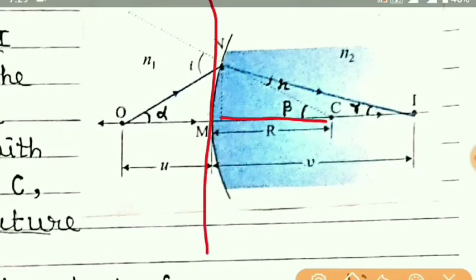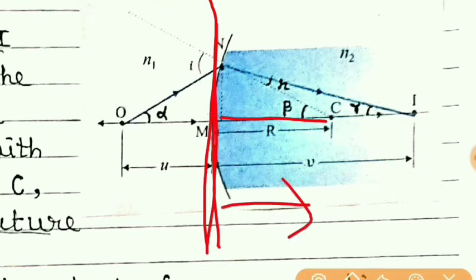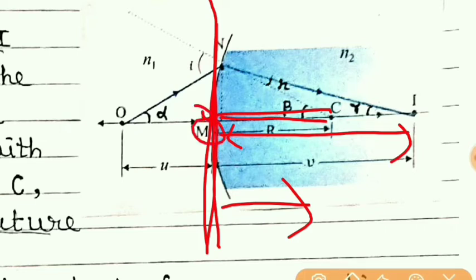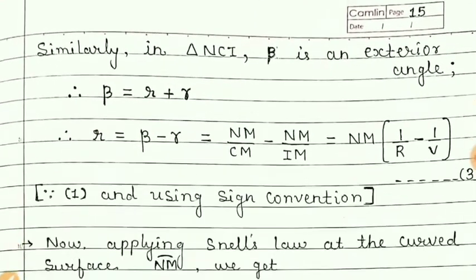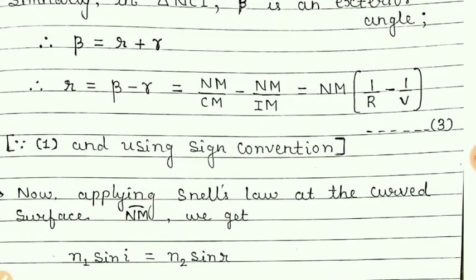With respect to this line, it is towards the positive x direction, so this distance is taken positive. And IM, this is IM. From this point M, it is towards the right hand side, so this side distance we take positive. So v and R we have taken positive, so the sign convention is to be considered. Let us give this equation number 3.